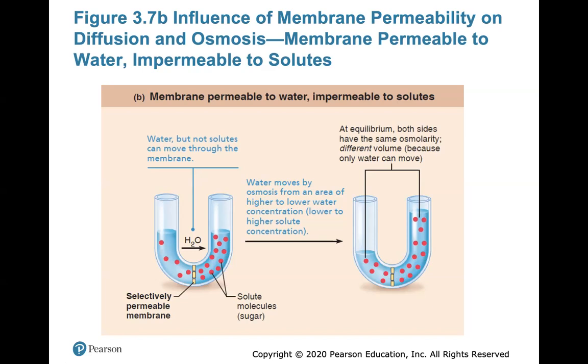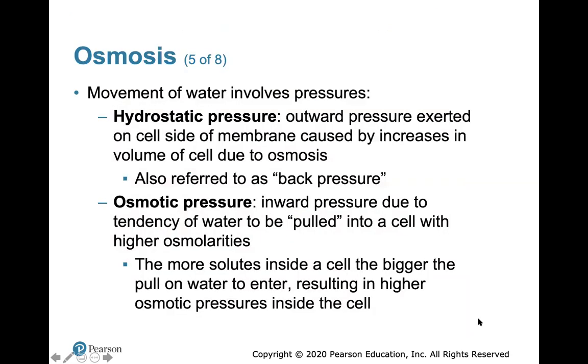So again, water moved into an area of higher solute concentration. That is osmosis, water moving into an area of greater solute molecule concentration to eventually get to equilibrium. And you can see here, because we have more volume now on the right side, there is an equilibrium of concentration or osmolarities between both sides of the membrane.